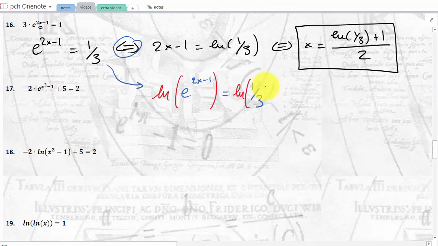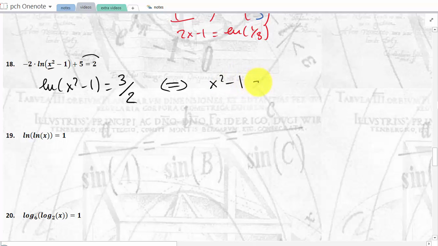Ln on both sides, right here. And what is ln of e to the x? Well, that's the other formula, right? The second one. These two cancel each other, and what you're left with is 2x minus 1 equals ln of 1/3. I kind of like this one because you can import it into so many different models. You apply a log on both sides. Please do 17. I'll do 18.